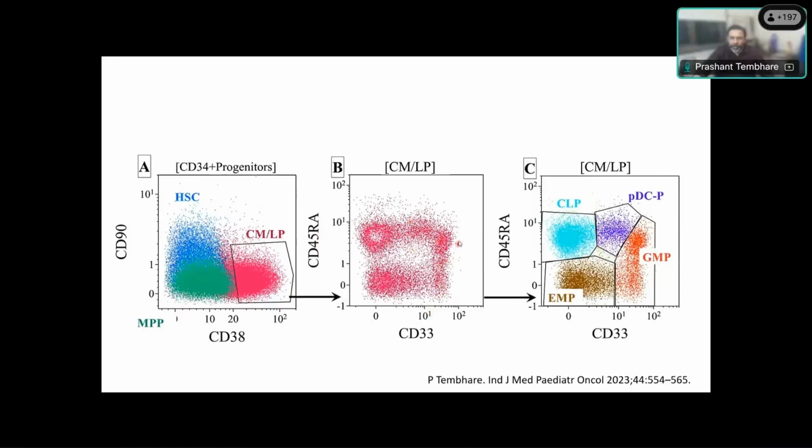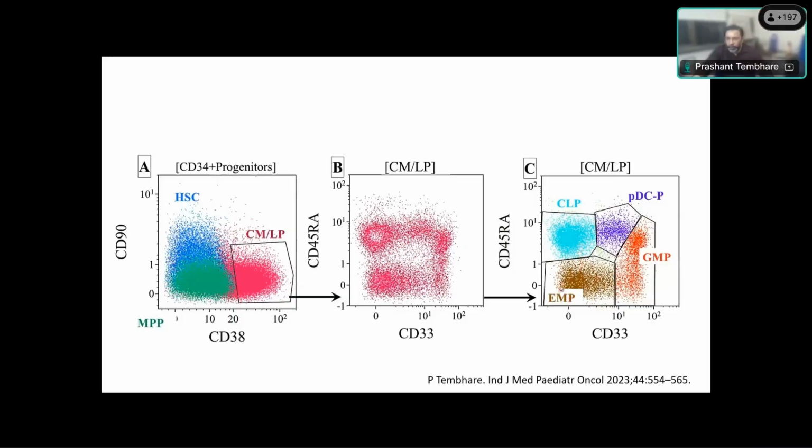Now this population is positive on the y-axis as well as the x-axis. These cells are positive for both markers, 33 as well as 45RA. So there is a population simultaneously positive for 45RA and 33. Here, this cyan blue population is positive for 45RA but close to 0 for 33, so it is negative for 33 and positive for 45.